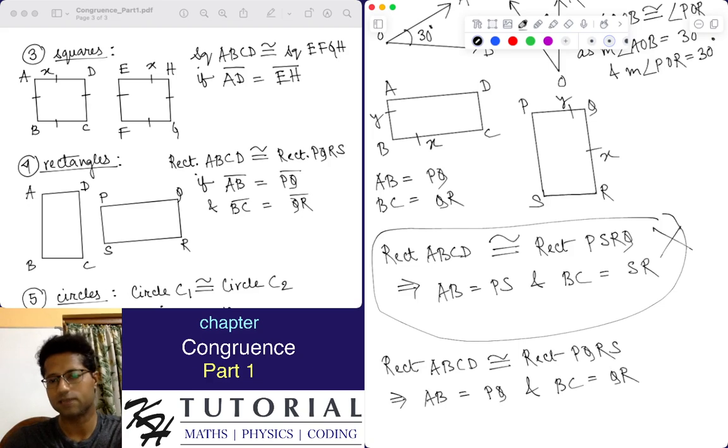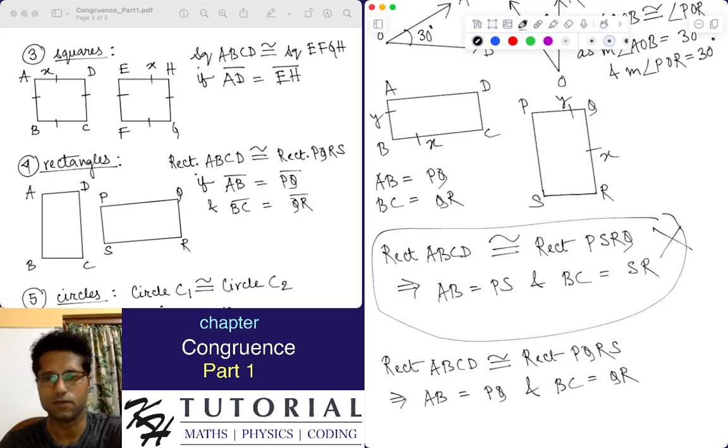So we take the next side, the side adjacent to AB, which is BC in the rectangle ABCD. So the corresponding side in the rectangle PQRS will be QR. So we must have BC equals QR, which is correct as per our figure.